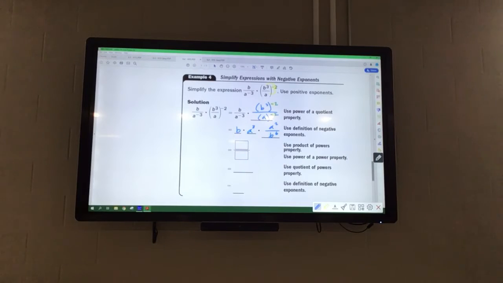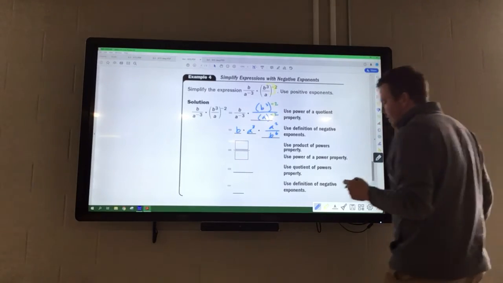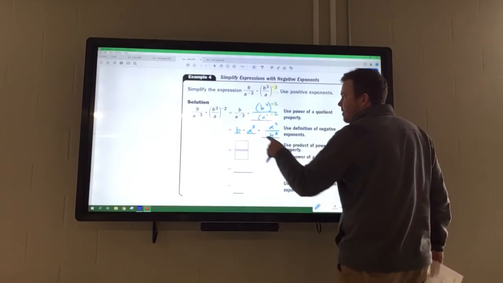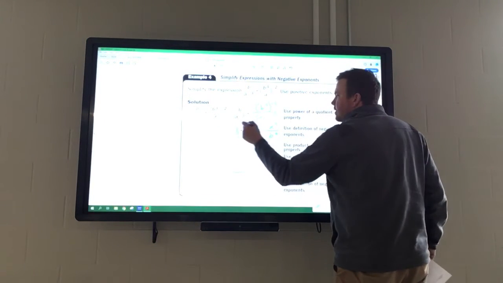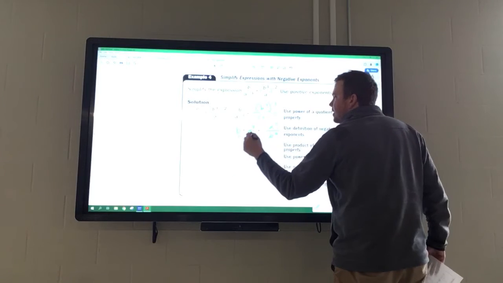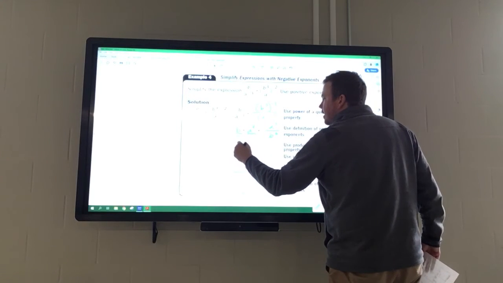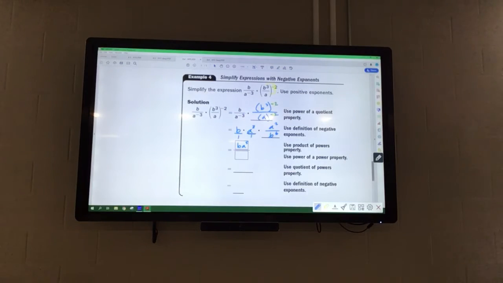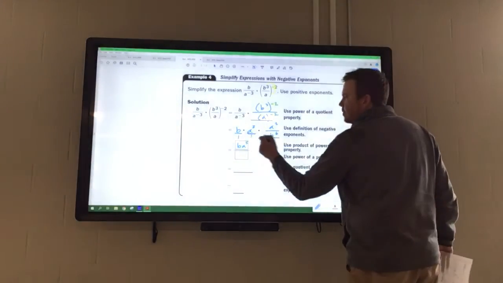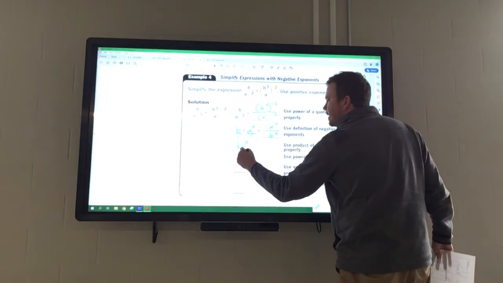Let's simplify a little bit. So multiplying these fractions, we multiply straight across. So b times a to the third times a squared would be b a to the fifth. Then on the bottom, 1 times b to the sixth would be b to the sixth.